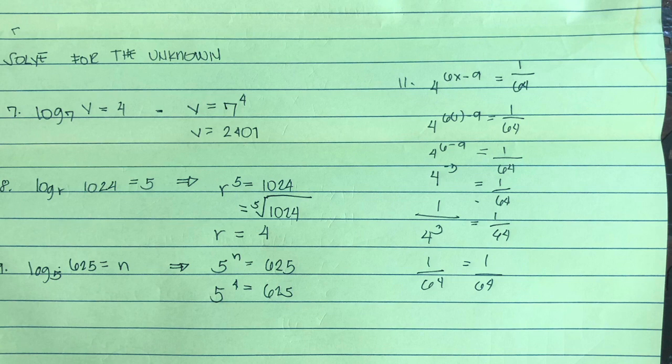In that way, we arrive at a positive exponent. So 1 over 64 is equal to 1 over 64, because 4 times 4 is 16, times 4, that would be 64. So 1 over 64 is equal to 1 over 64.